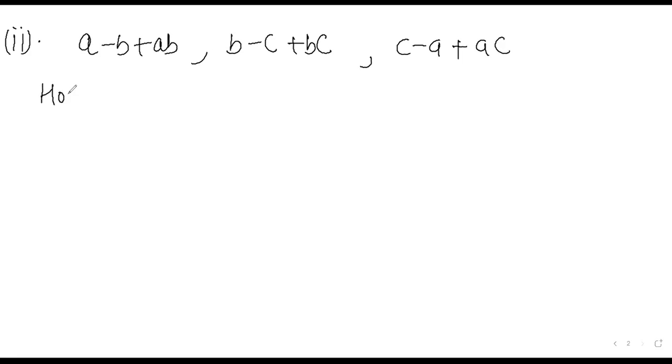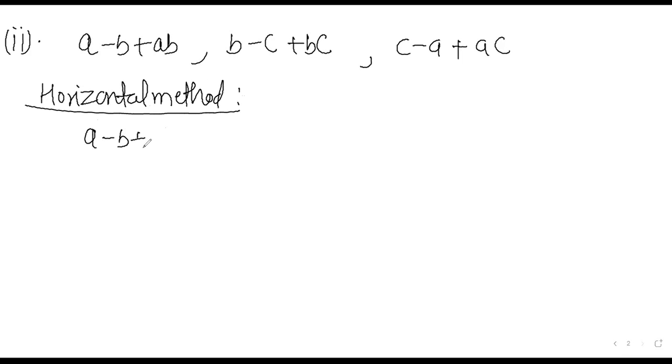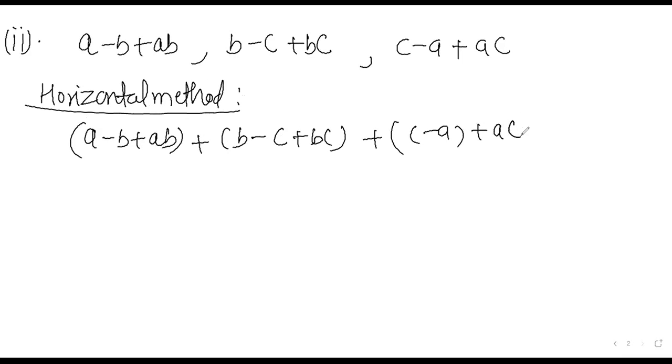I am following the horizontal method; I will explain both methods, don't worry. So horizontally: A minus B plus AB plus, because we are adding, so plus sign will be there, B minus C plus BC, and plus C minus A plus AC.